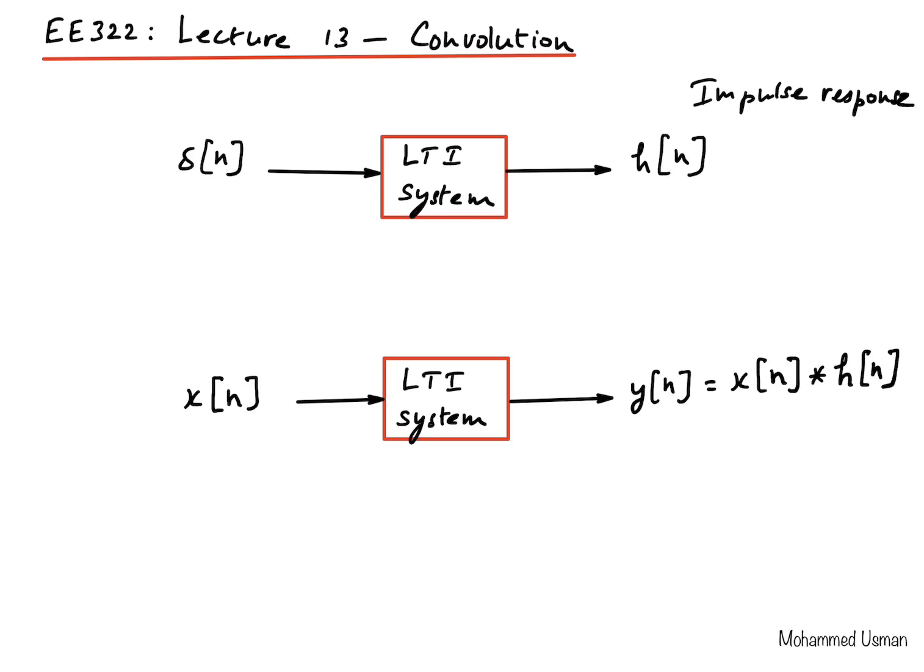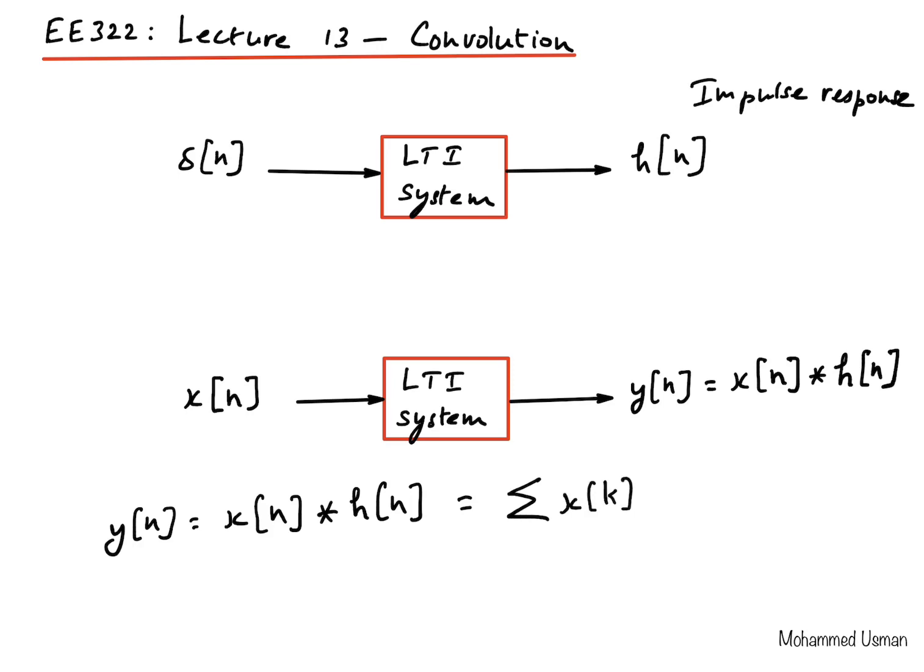The star operation denotes the convolution operation, which is defined as, let me write that, y of n equals x of n convolved with the impulse response h of n, which is called the convolution sum: summation x of k into h of n minus k for k equals minus infinity to infinity.